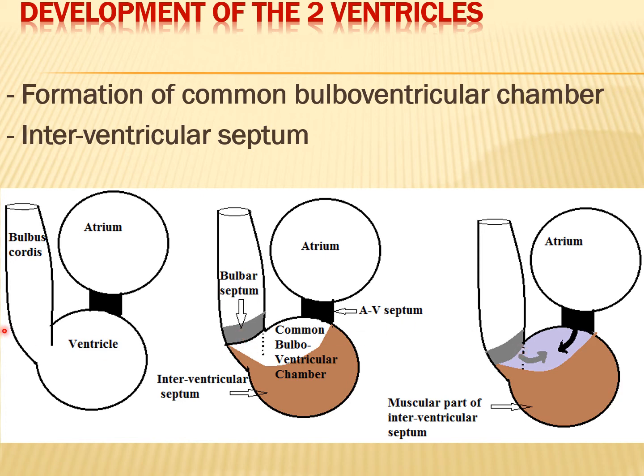The added portion of the bulbus cordis here forms the infundibulum of the right ventricle and aortic vestibule of the left ventricle. This is not an important point, but if you remember it, it is good.